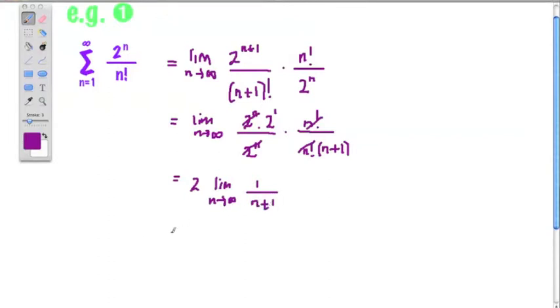So if we insert the limit, we will get zero.